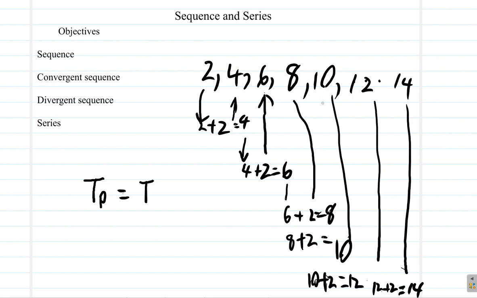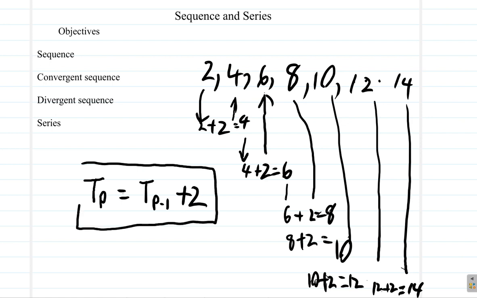If the current position is 5, the previous position would have been 4. So the fifth term is generated from term 5 minus 1. So the P term is generated from term P minus 1. Then you add 2 to it, plus 2. So this here would be a general rule for generating this term.